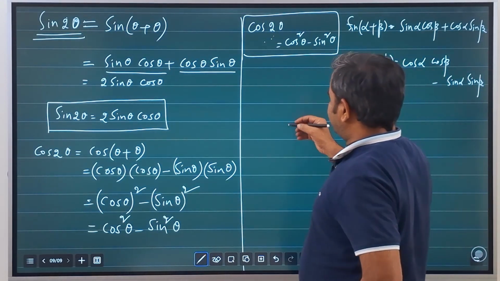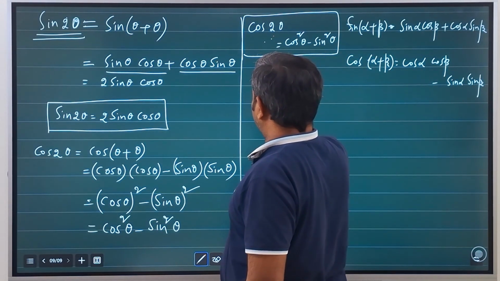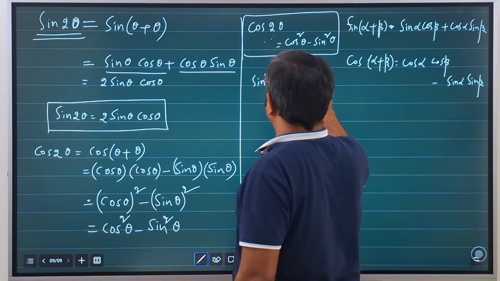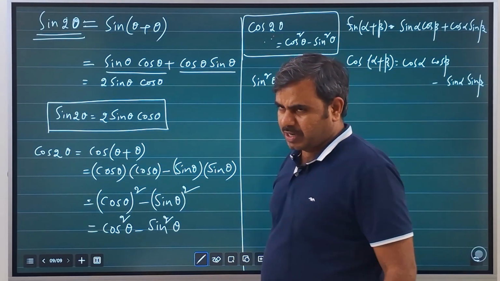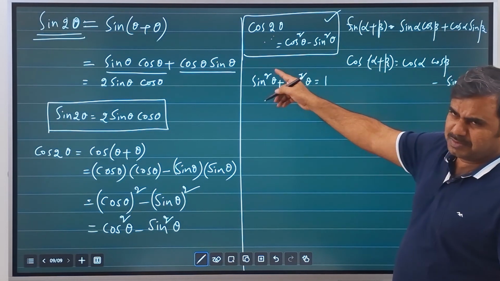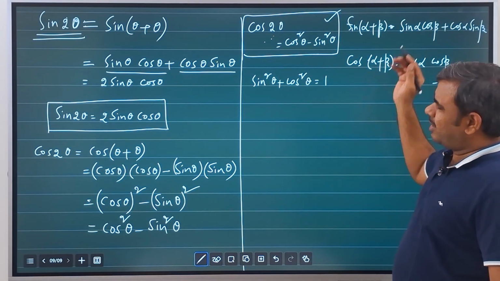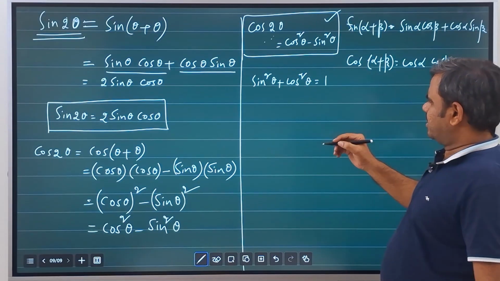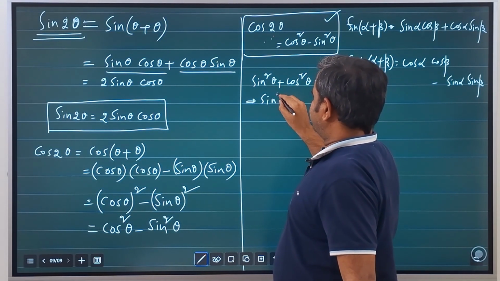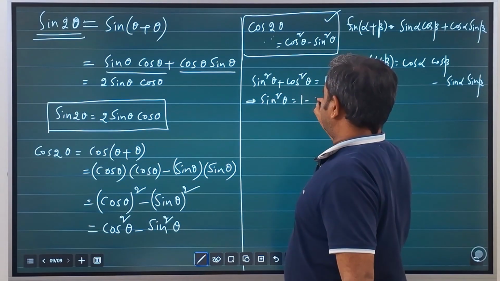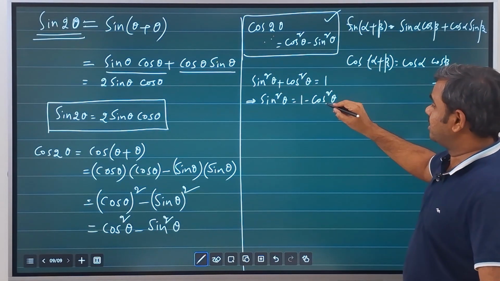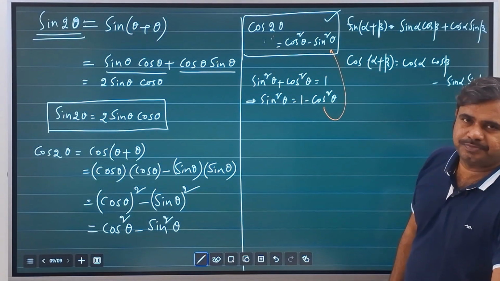It can also be written using the trigonometric identity sin square theta plus cos square theta is equal to 1. This equation can also be written in terms of cos theta or in terms of sin theta. Let's also write it. So first, I am going to substitute sin square theta is equal to 1 minus cos square theta from here in this.